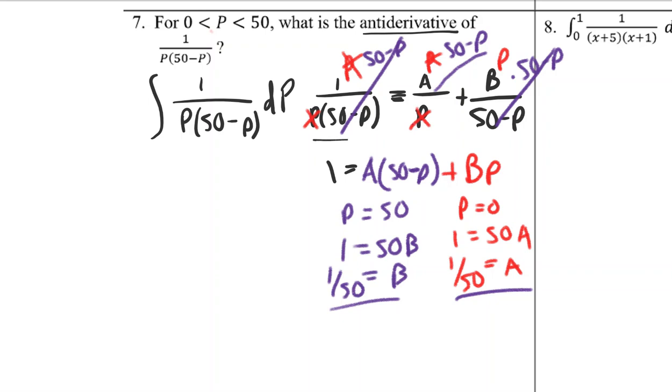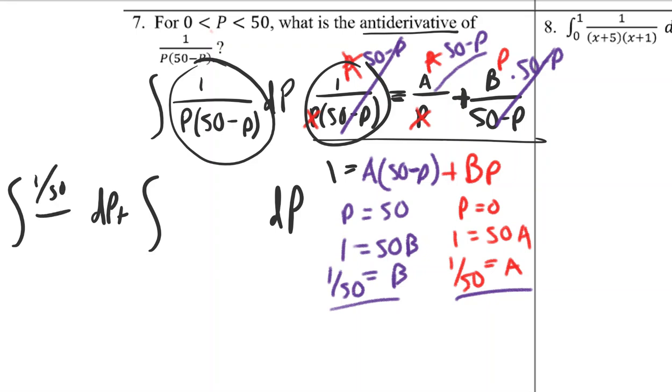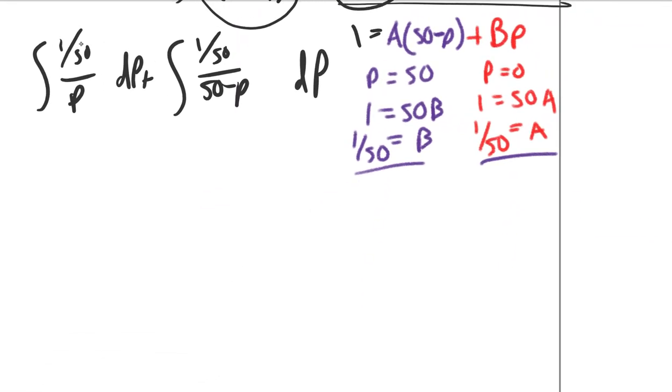So then I'm going back to this up here. So instead of saying this fraction, I just figured out what it's equivalent to. So I'm going to split this into two integrals, just like this is two fractions. So I've got a over p, and then I have b over 50 minus p. That's just how I defined a and b up here, so when I solve for a and b, that's where they need to get plugged in. Okay, and then we should just be about finished.